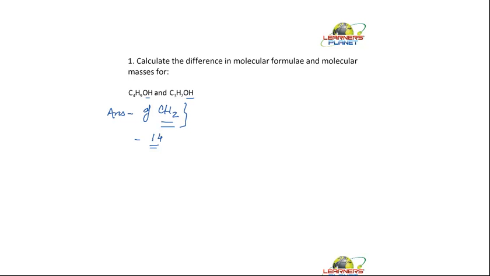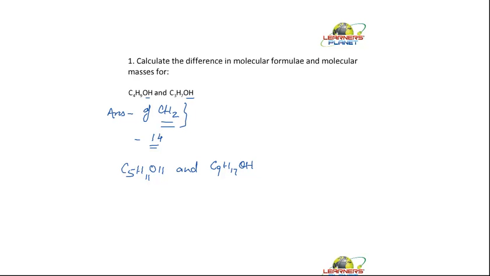Say if I'm asking another such question, calculate the difference in the molecular masses of C5H11OH and C9H17OH. Now here students, you can see that these also belong to the same homologous series.